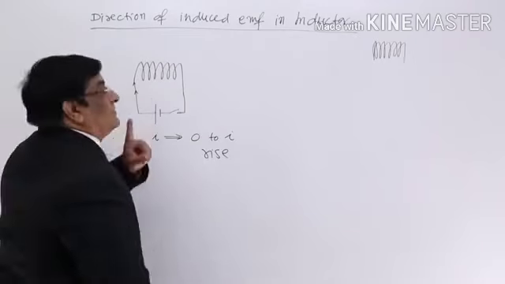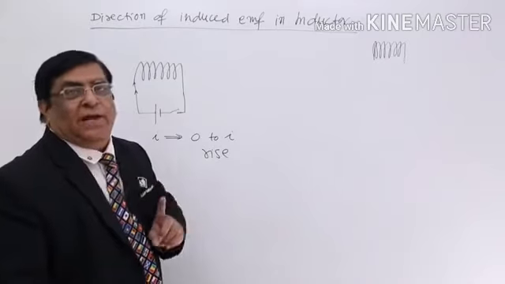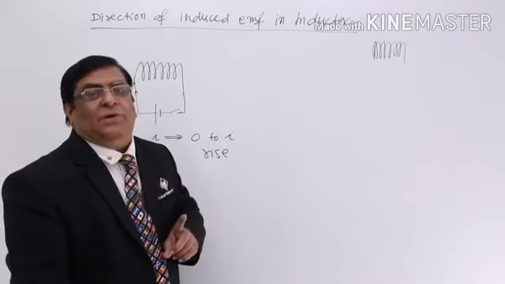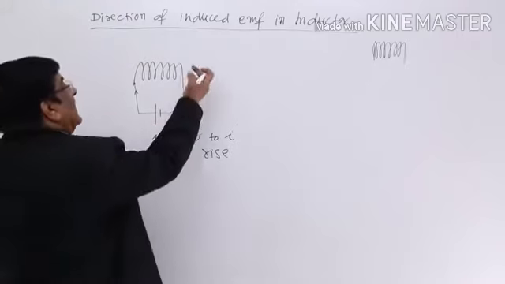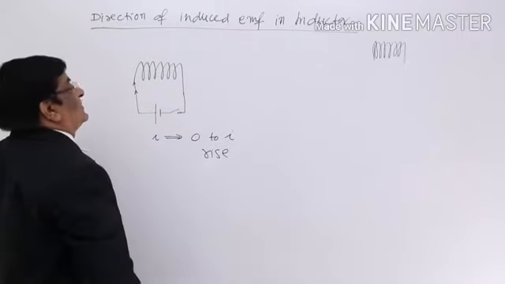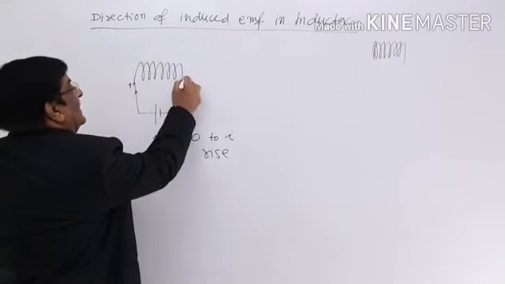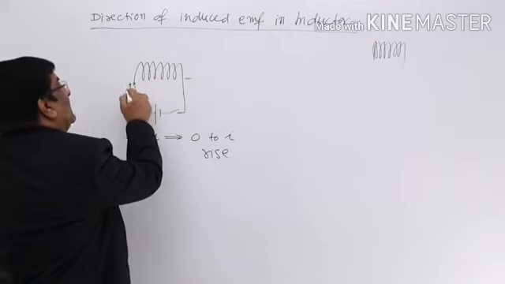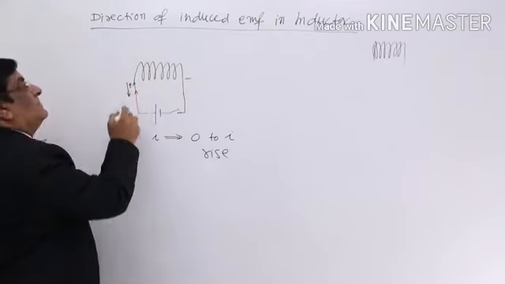This coil does not like any change. If it does not like any change, how can it oppose the change? Answer: it will produce a current opposite to it, and for producing a current opposite to it, it will make its positive sign here, negative sign here, and it will try to send current in this direction.